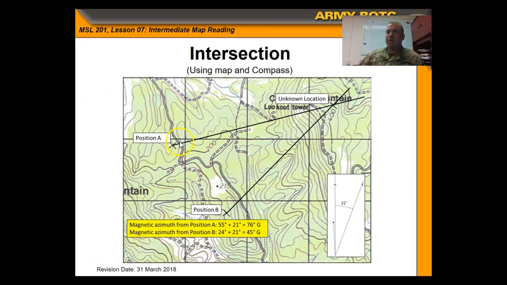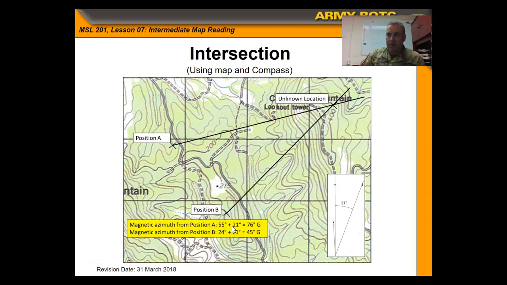Say you have your point where you are, and say point B where your buddy is. In any case you have 2 known points. You shoot the azimuth from that point to your unknown location. So say there's an enemy located in this position. You shoot your azimuth, and your magnetic azimuth comes up with 55 degrees.